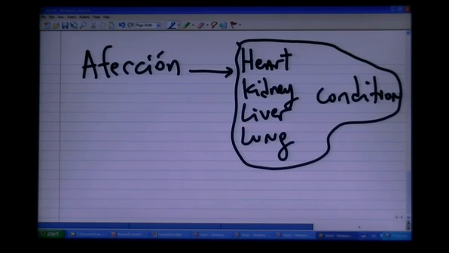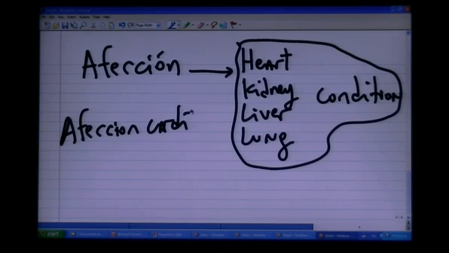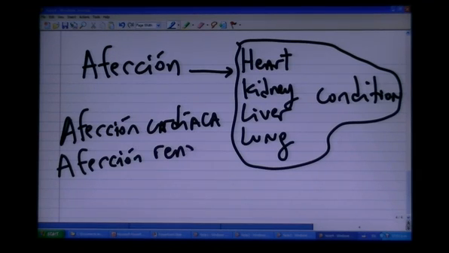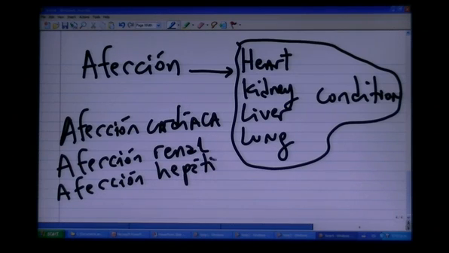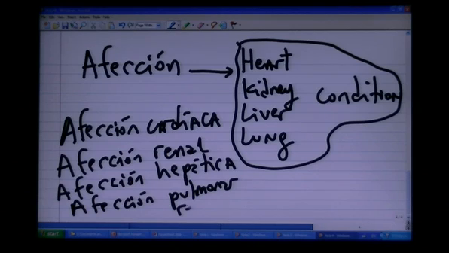You can't say una enfermedad de los riñones. You can, but there is a better term, and that is afección. And for heart, we say afección cardíaca. For kidney, we say afección renal, because riñones is also known as an adjective as renal in Spanish. For liver, we say afección hepática. And for lung, we say afección pulmonar or even respiratoria.